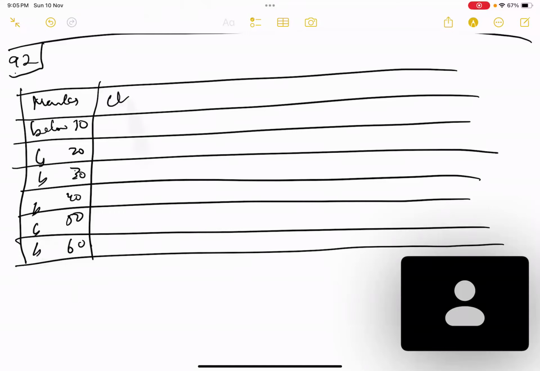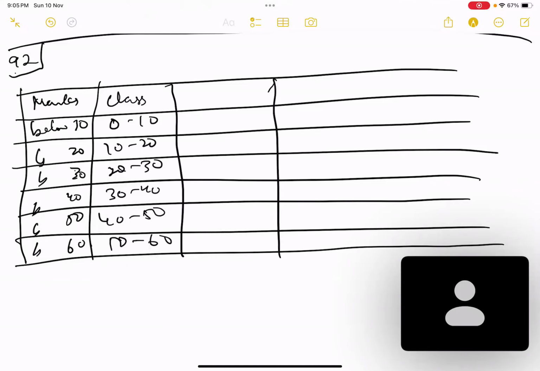So first we'll try to find the class intervals. Below 10 means 0 to 10, then 10 to 20, 20 to 30, 30 to 40, 40 to 50, 50 to 60. It's given below 10, below 20, so it also means cumulative frequency: 5, 17, 31, 59, 80, and 90. So this is the cumulative frequency.